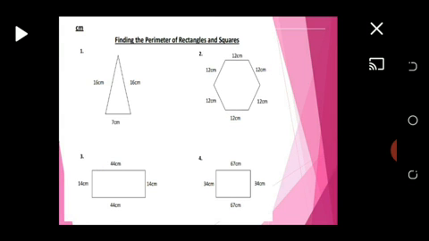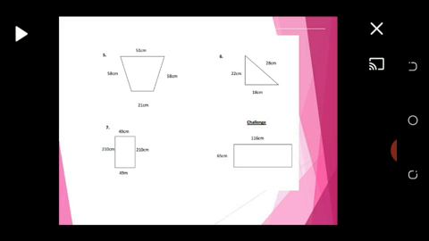The same thing here, numbers 1, 2, 6, 7, 8 should be in millimeter. Then this one, number 1, is in centimeter. Your answer should be in centimeter. This one is simple. You don't need conversion. Just find the parameter of the regular rectangle and square here.